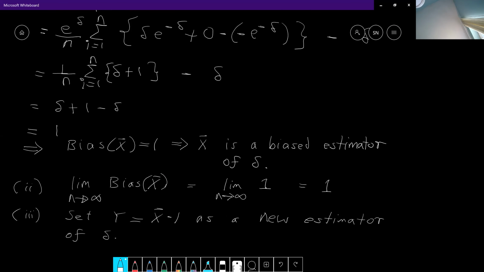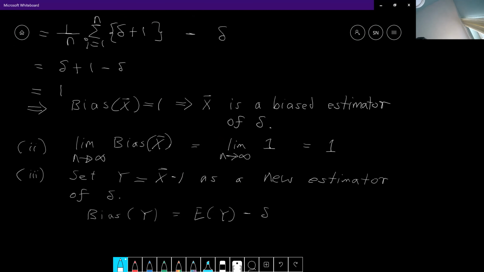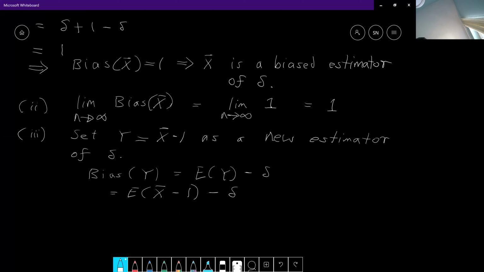I want to show you that this new estimator is unbiased because of the following. If you look at the bias of y, which is the expectation of y minus delta, which is the expectation of x bar minus 1 minus delta, which is equal to the expectation of x bar minus 1 outside minus delta outside.